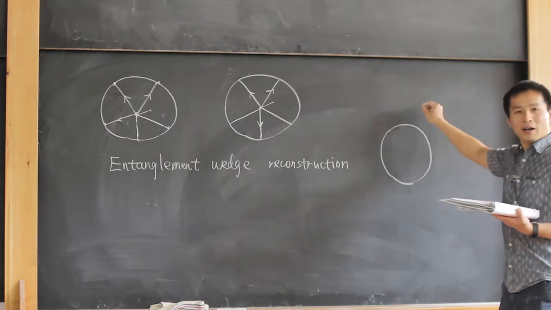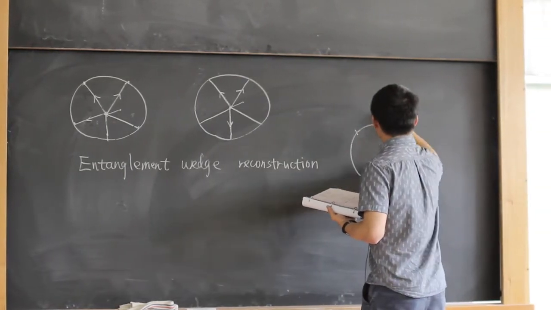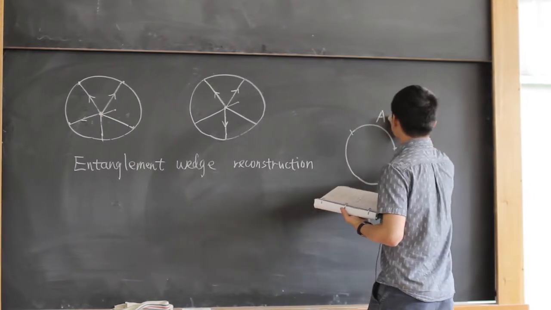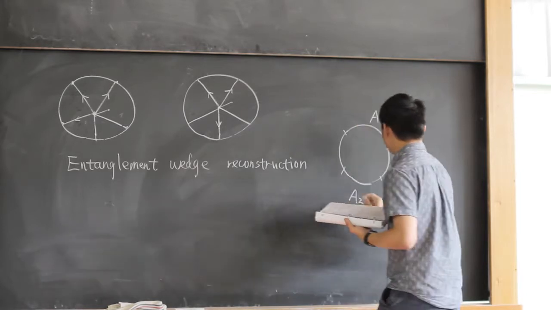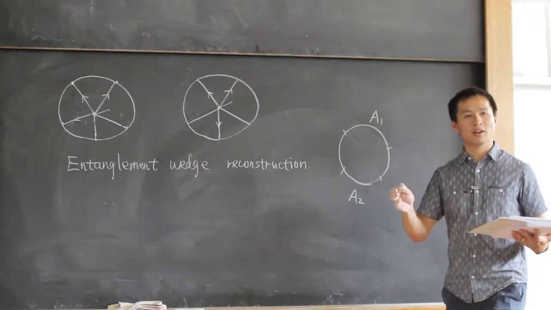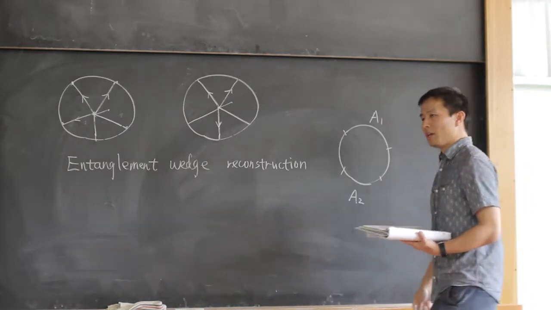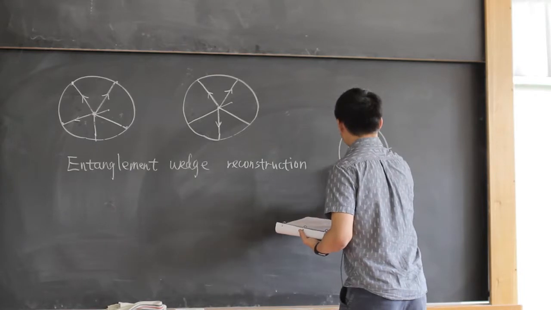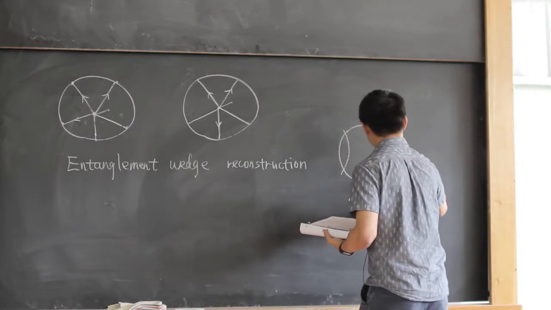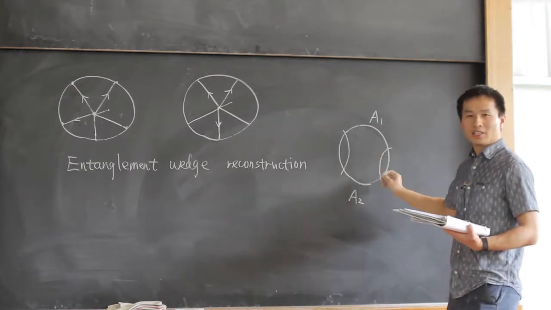So we have a time slice of AdS/CFT, and we have a region A which is the union of 2 disconnected, disjoint regions, A1 and A2. The entanglement wedge of A, for appropriate choices of A1 and A2, is going to be this big region bounded by these 2 geodesics.